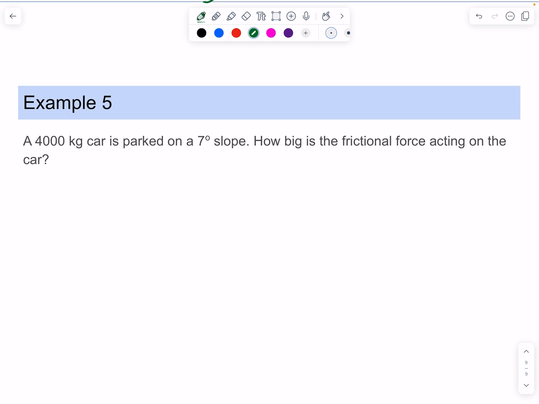And lastly, a 4,000 kilogram car is parked on a 7-degree slope. How big is the frictional force acting on the car? Well, I know that if it's parked, that means frictional force is equal to the x component of the force of gravity.